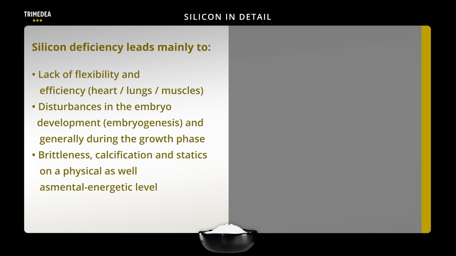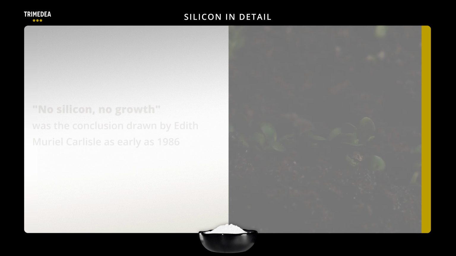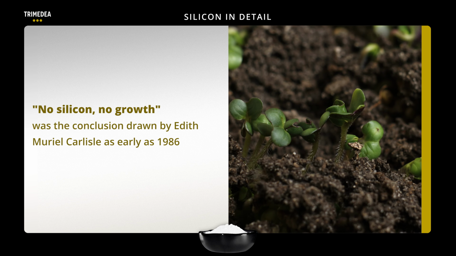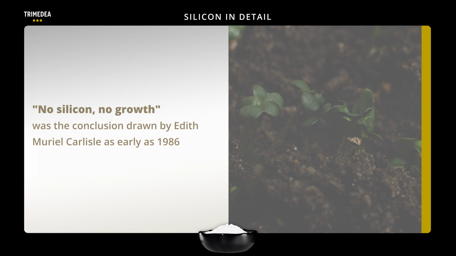It can also lead to a lack of flexibility and efficiency of the heart, lungs, and muscles, cause disturbances in embryo development, embryogenesis, and generally during the growth phase, brittleness, calcification, and statics on a physical as well as mental energetic level. No silicon, no growth was the conclusion drawn by Edith Muriel Carlisle as early as 1986.